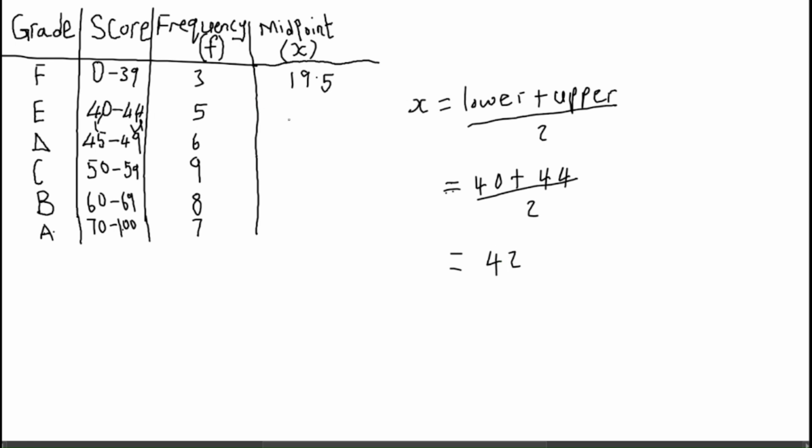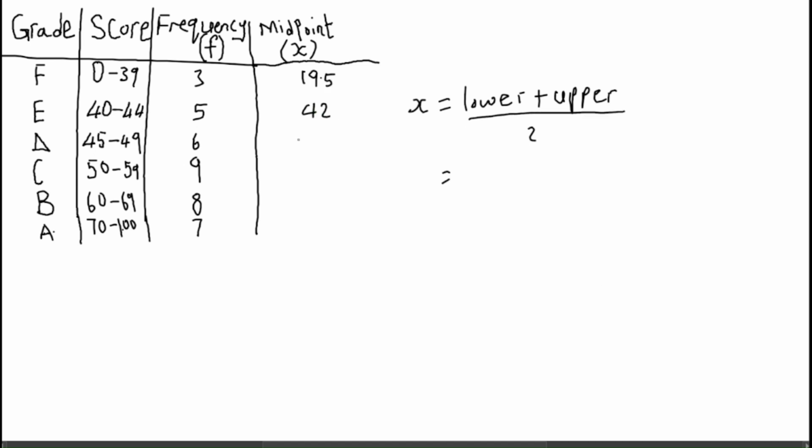So the midpoint is 42 in this interval. Now, using the same procedure, calculate the midpoint of the remaining intervals. This will be 47. Next will be 54.5, 64.5, and 85.